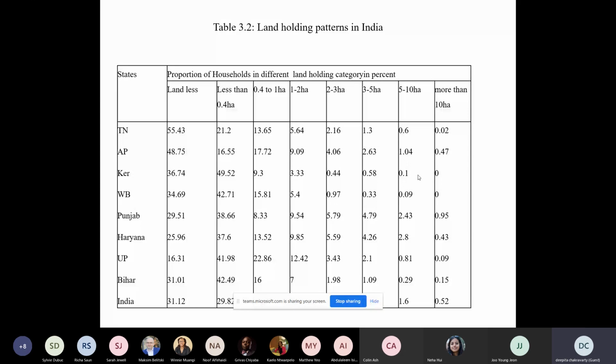But it is not necessarily true that in the case of Bihar and UP, we see a similar case when we go towards the end of the landholding situation. There, the Eastern Indian states are again more or less somewhat similar to the Southern Indian states of Tamil Nadu, Andhra Pradesh, and Karnataka.